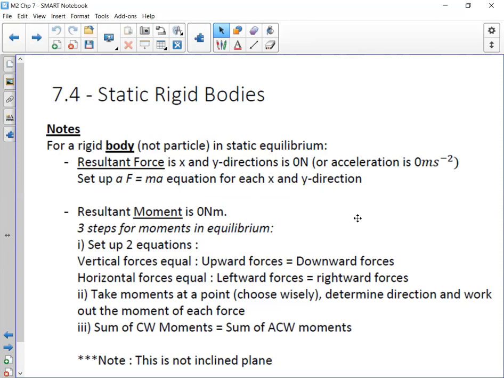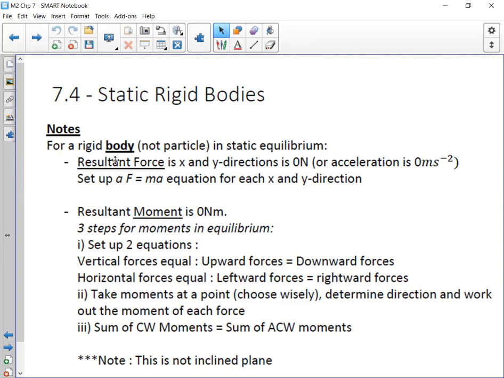The other is take moments at a point. That's exactly what you're going to do. But obviously, there are more forces to be calculated and more things to consider. You can consider this 7.4 an advanced version of chapter 4 on the whole. It's like chapter 4B.